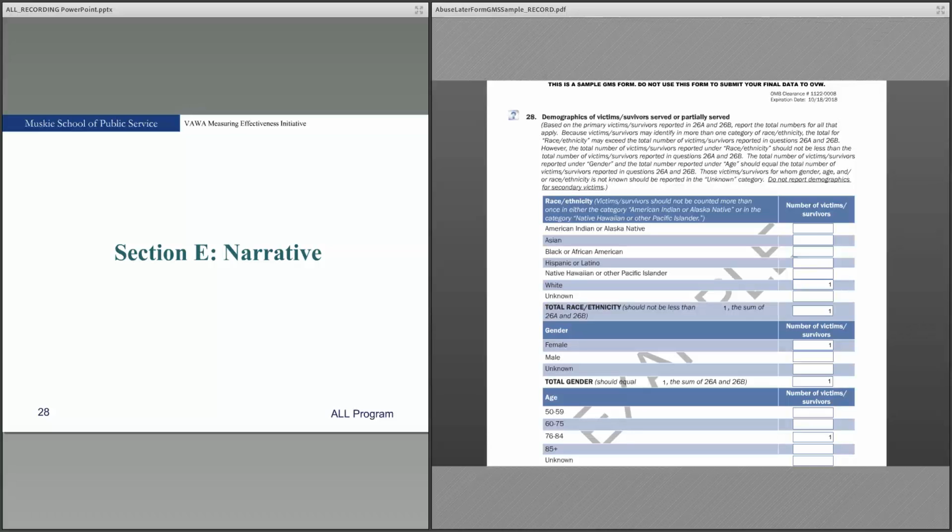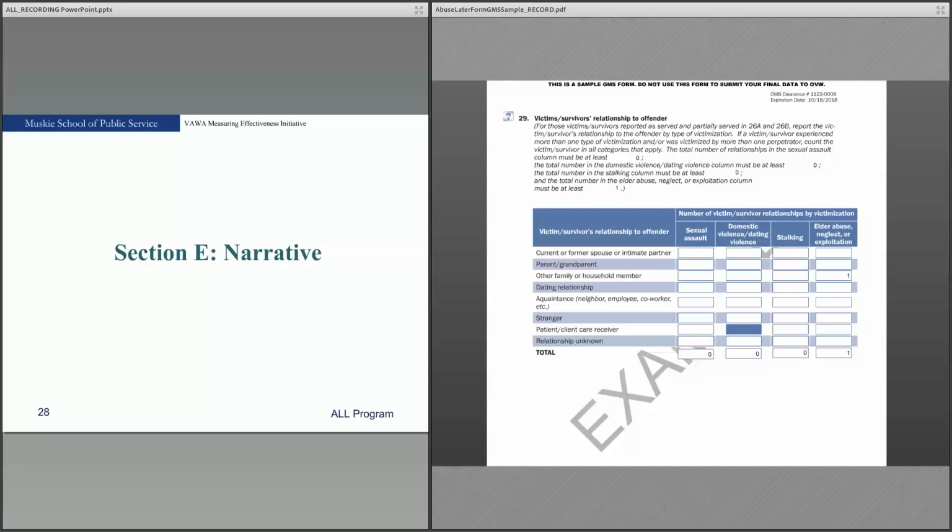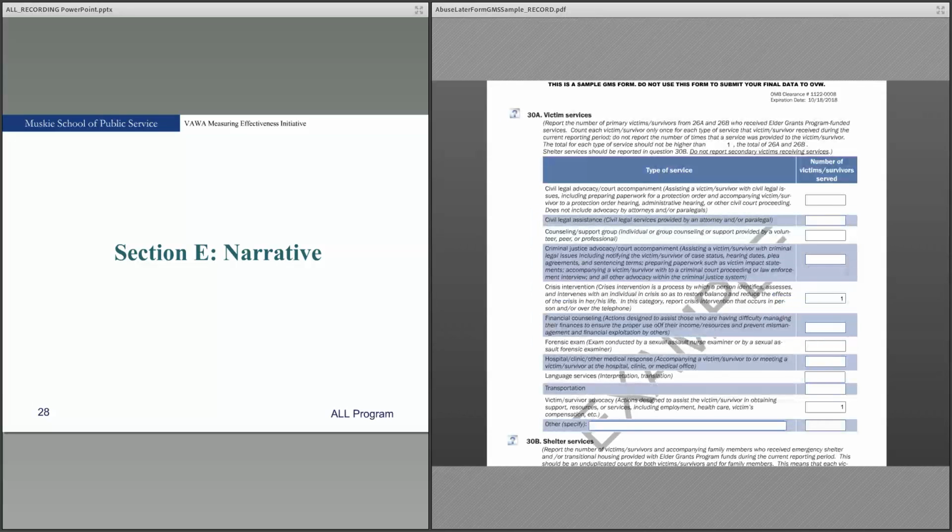Questions 28 and on to the rest of the victim services section only refer to victim survivors who were served or partially served, which is why there's only one person listed in question 28 for demographics, and in question 29 for victim survivor's relationship to offender. This is where we are reporting the person who was served as a victim of elder abuse, neglect, or exploitation and their relationship to offender.